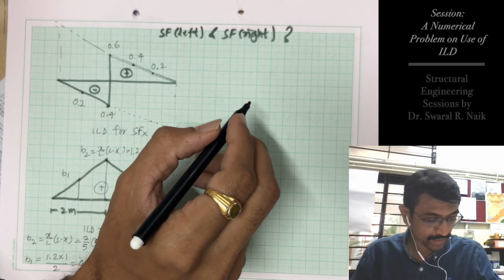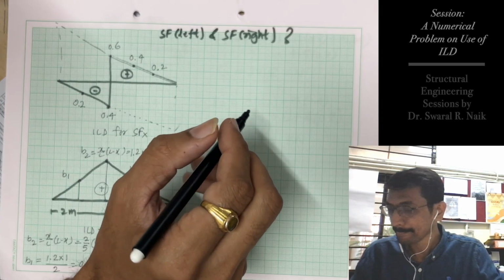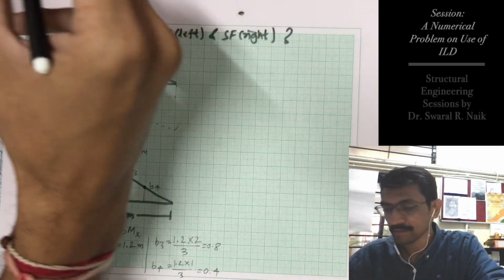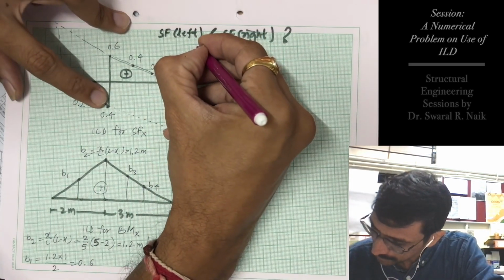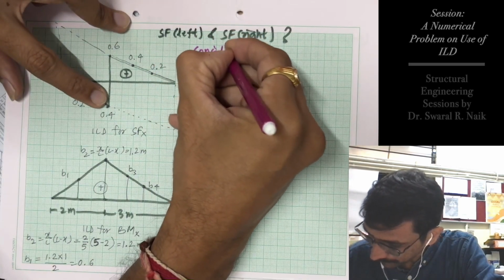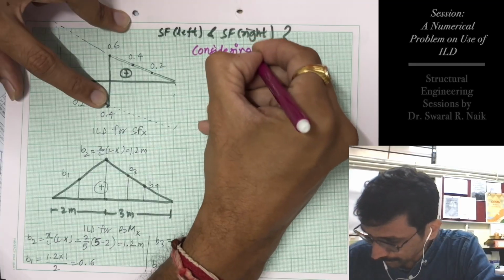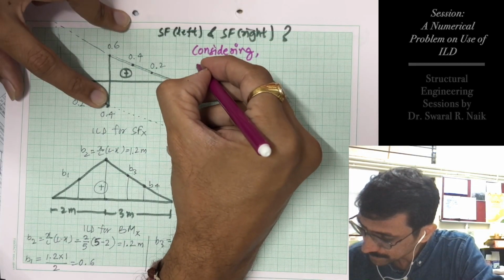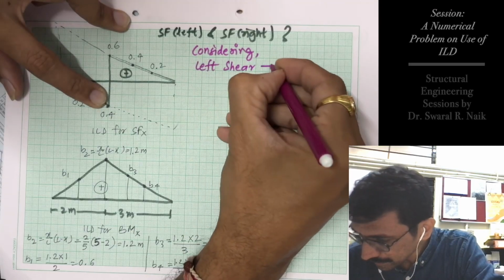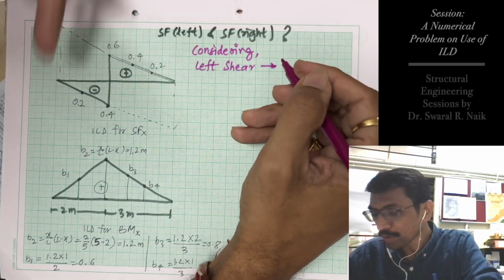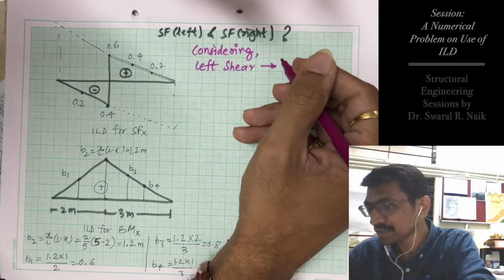When we are considering left shear, the load on the section is to be considered on the right side.